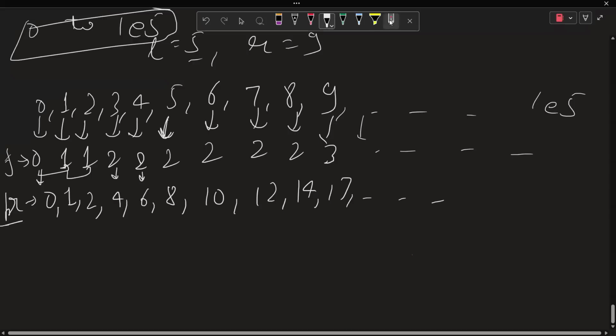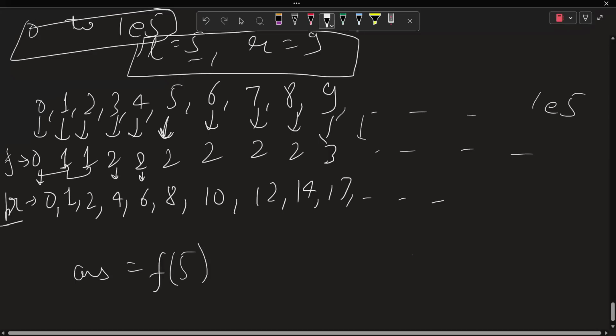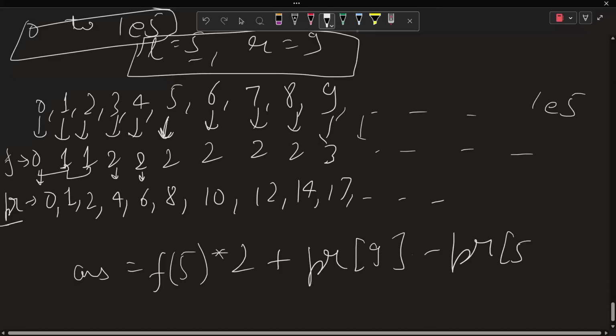Once you have computed your prefix array, for every test case, say L equal to 5, R equal to 9, you would write your answer as f of L into 2 plus prefix of R, which is 9, minus prefix of L, which is 5.